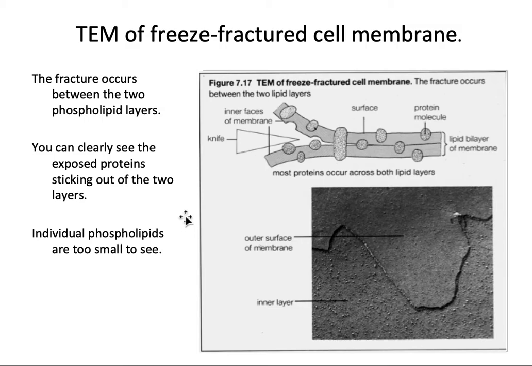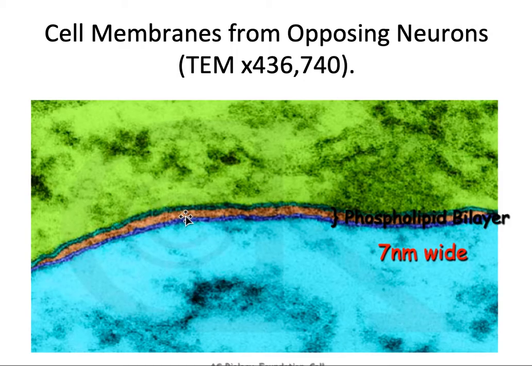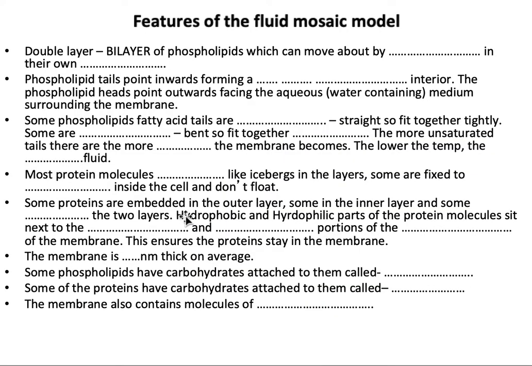Alright, so this is just another diagram of how a cell membrane would look if we cut it. We already saw this picture to see how neurons would look.